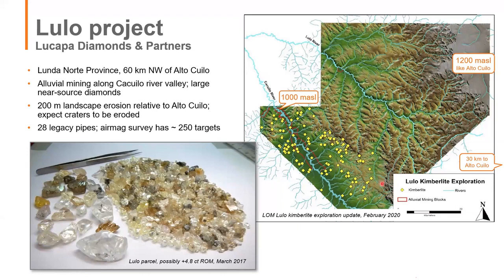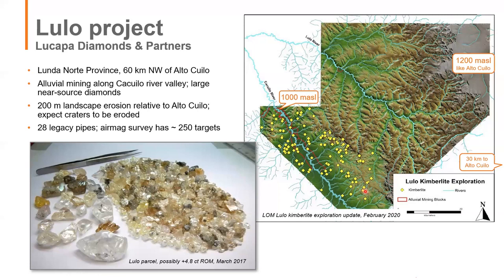This is an eroded basin. You can see the erosion. Down here, we're at 1,000 meters above sea level, so there's 200 meters of landscape erosion. And as luck would have it, the Lulo project has a huge amount of kimberlite targets right in this river valley. We'll see their magnetic image in a moment.